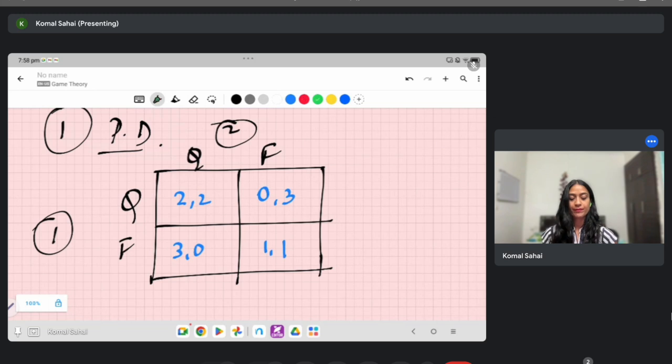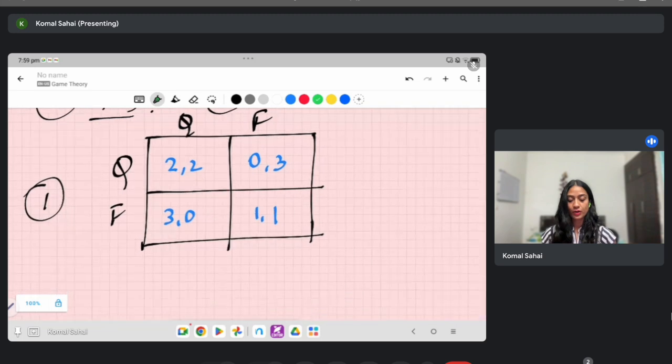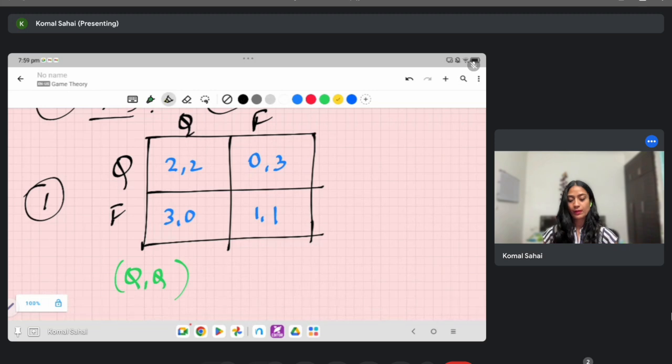The first action profile that we will evaluate is Q, Q. See, it's an action profile because it specifies an action Q for player 1 and an action Q for player 2. For every player, it's specifying an action. Now, think in terms of unilateral deviation.